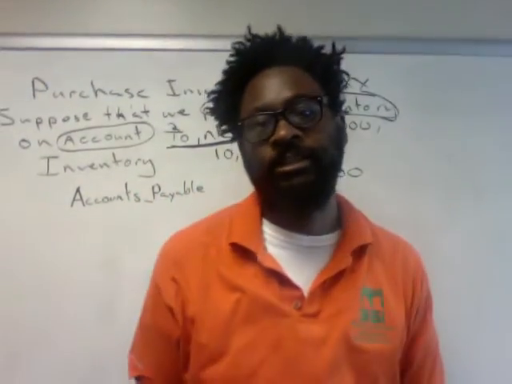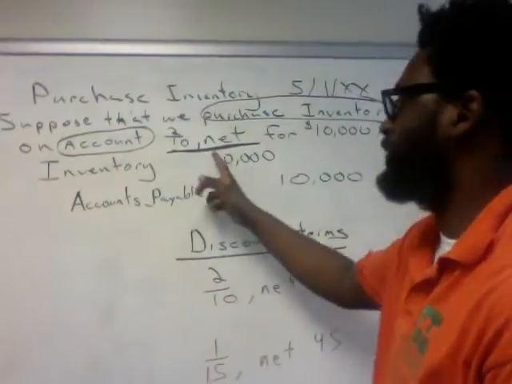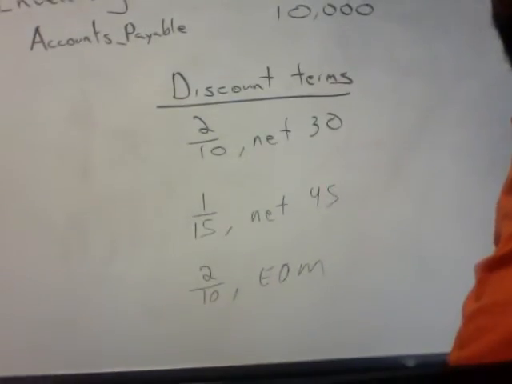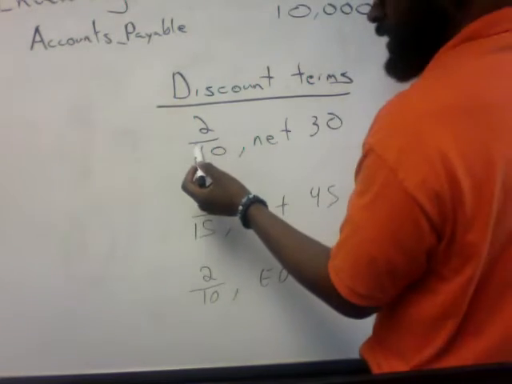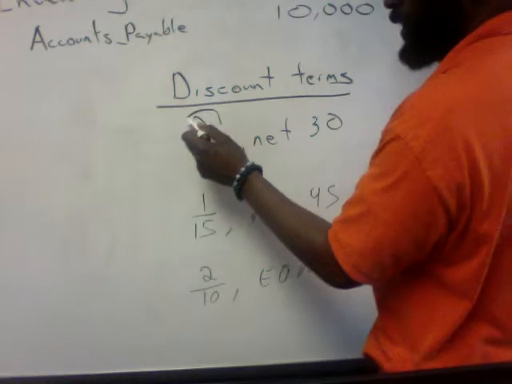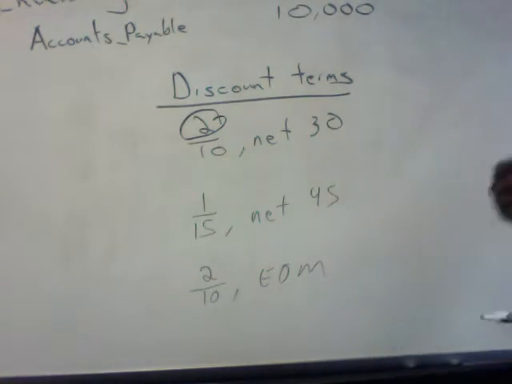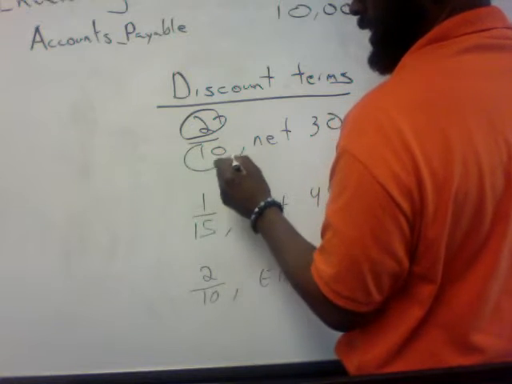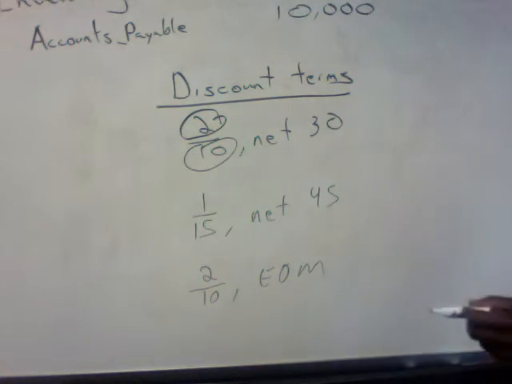And so you want to get your cash as soon as possible. And so that's where these discount terms come into play. And so basically what we're saying is that you will receive a 2% discount on whatever you pay, as long as you pay that amount within 10 days of the sale.